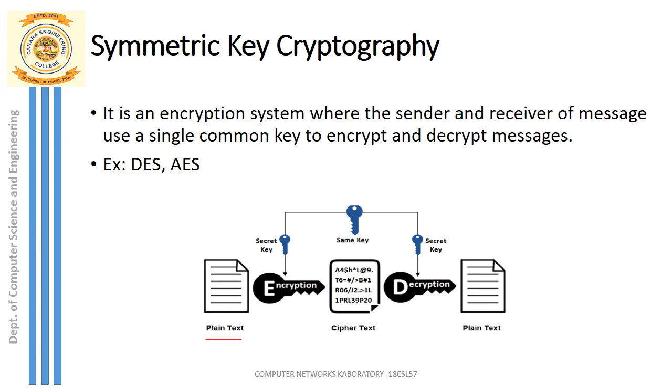This plain text will be converted to ciphertext, which is the encryption process, by using a secret key at the sender side. And at the receiver side, ciphertext will be converted back to plain text using the decryption process by using the same key the sender side has used for encryption. Since sender and receiver use the same key, this type of cryptography is called symmetric key cryptography. Symmetric means same.